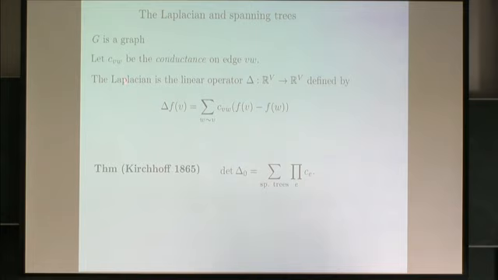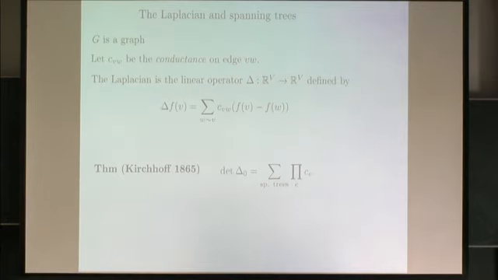So associated to the conductances, there's the Laplacian operator, which everybody knows, I hope. To apply the Laplacian to a function at a vertex, you take the function, subtract off the value of the neighbor, and then multiply by the conductance, and then sum over all the neighbors.